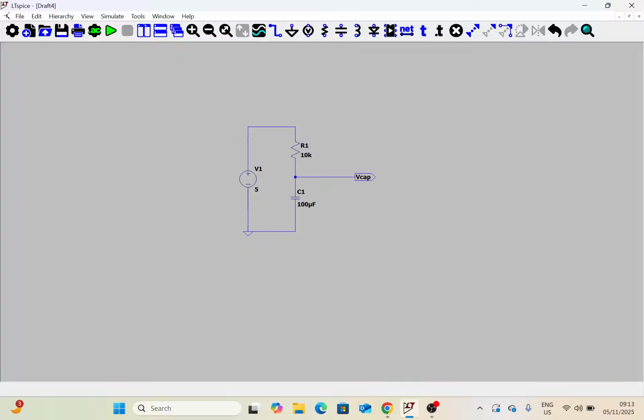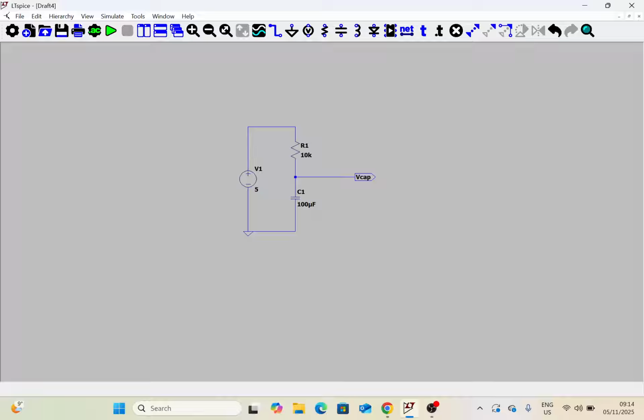Now, based on general knowledge in electronics, you know that because the capacitor is connected across the voltage through this current limiting resistor, the rate at which the capacitor charges, or the rate at which this voltage V cap here builds up across the capacitor, is going to be dependent on what is known as the RC time constant, which simply mathematically is the value of the resistance times the value of the capacitance.